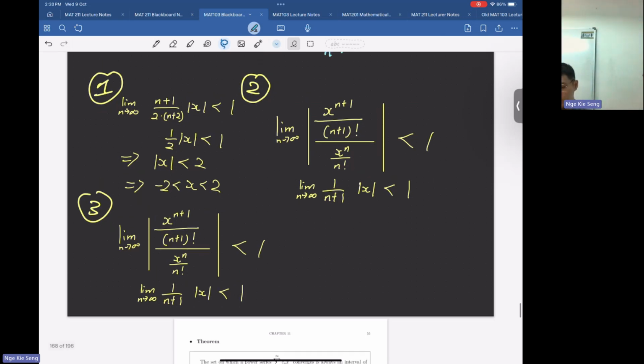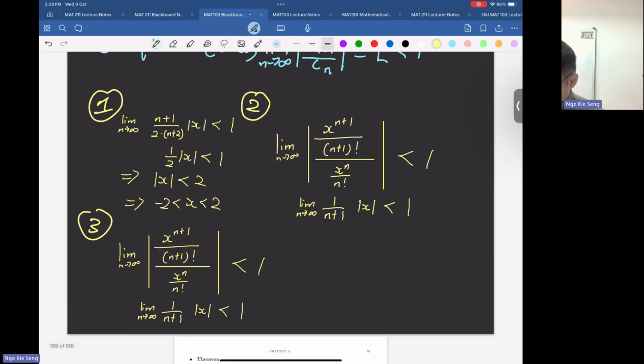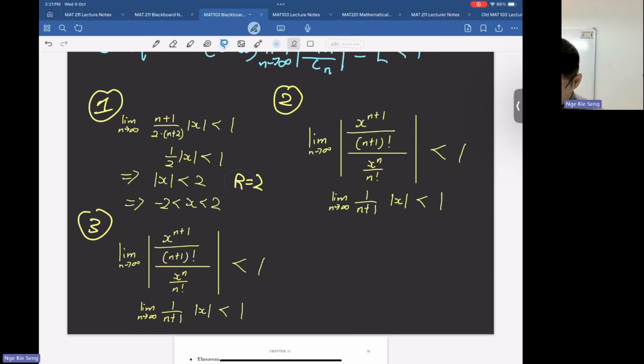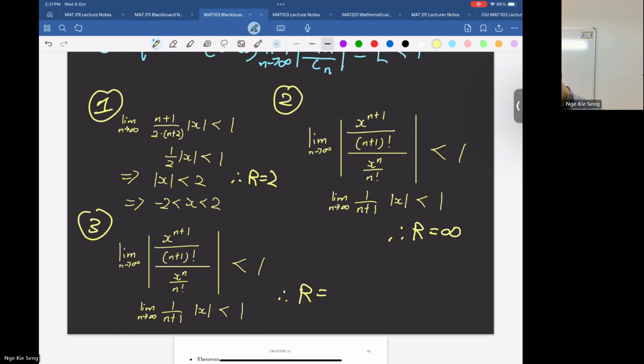Okay, so in these cases, the first case we have r equals 2. So let's put the 3 over here. Here I put r equals infinity. And then here is r equals 0.